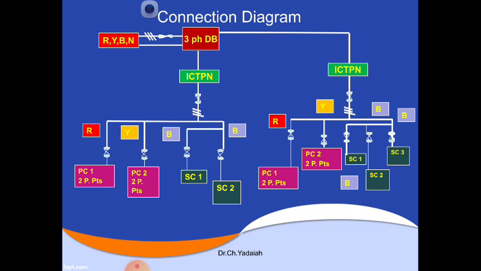The size of the conduit is dependent upon the number of wires drawn inside the conduit, that is, based on the load. If the load increases, the number of wires drawn increases, then we can run 2 or 3 parallel paths for a lighting load also.